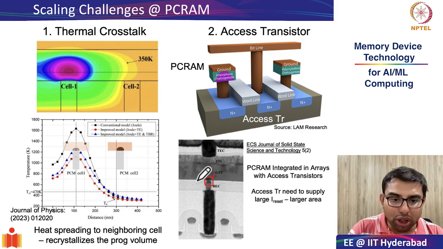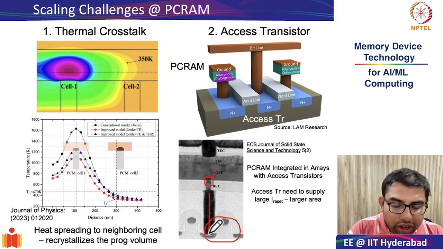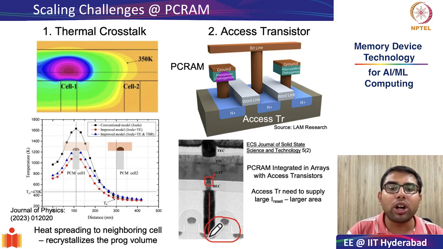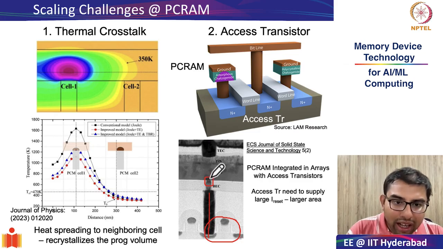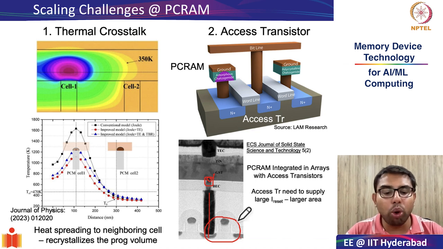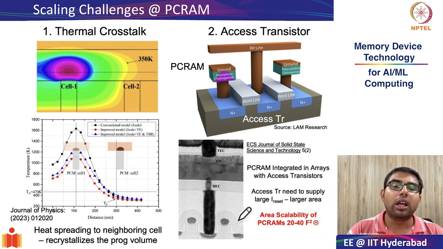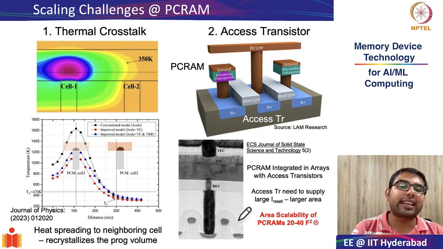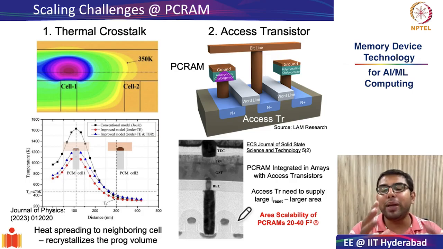However, most of the cell area is consumed by these front end of the line transistors whose drain is connected to the bottom electrode contact, and this side will be connected to the bit line. So the actual programmable volume is very small, but most of the area is being consumed by your access transistor, and therefore area scalability of PC RAMs is a big headache.